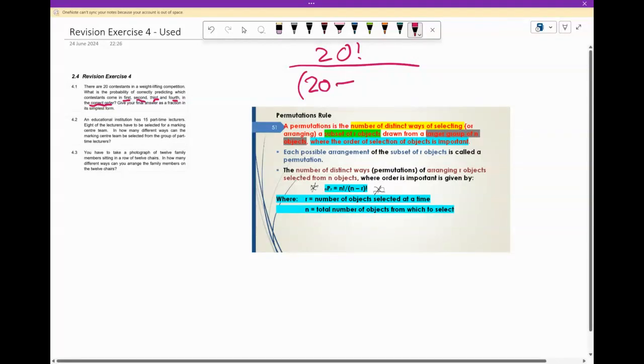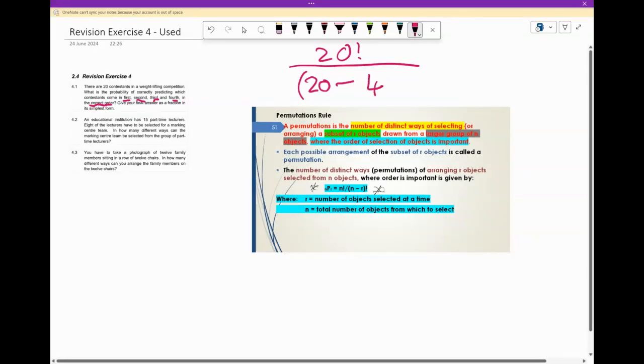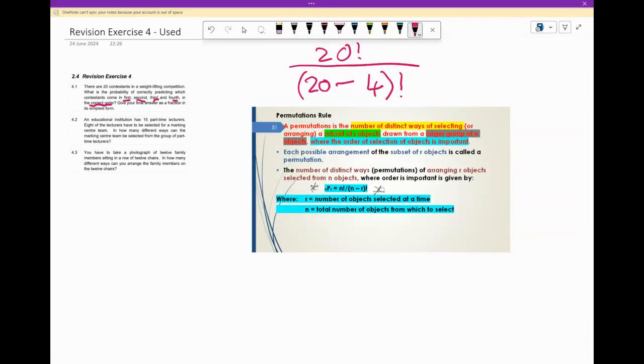What is r? r is the number of objects selected at a time, or in other words, the total order that we have. So we know that to be 4, and then whatever the difference there, we have the factorial. So that's how we need to approach this particular question, okay?